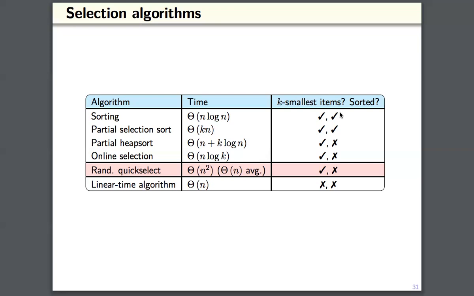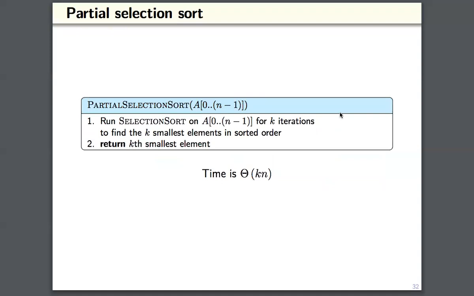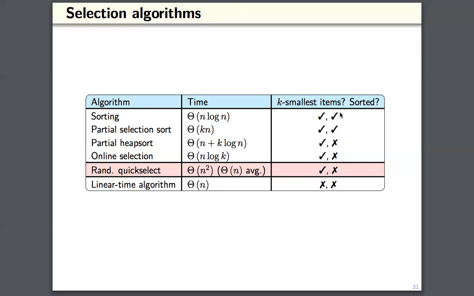Let's start with the first 4 simple algorithms. The first one is dead simple: sorting. Use any n log n time sorting algorithm on the array. You will get a sorted array and find the kth smallest element. Very simple. The time taken is n log n.